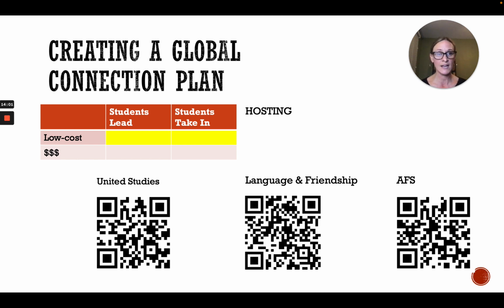And what I really like about them is that their program is 3 weeks long and it's in the summer. So a lot of families think, oh, I don't know, taking in a student from another country for a whole semester, a school year, that seems really long. But when you think, oh, okay, 3 weeks in the summer, it suddenly becomes more doable for most families.